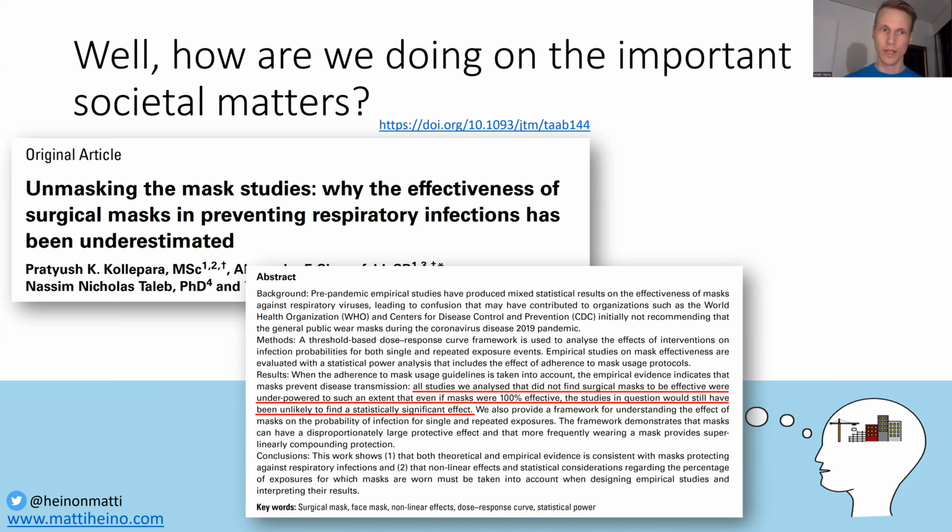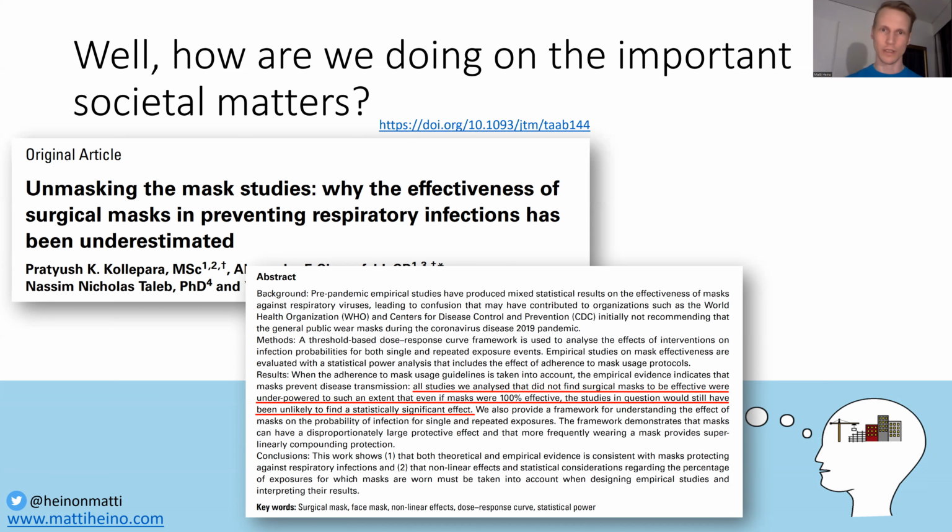But physics actually tells us that masks do work, especially the high quality masks.